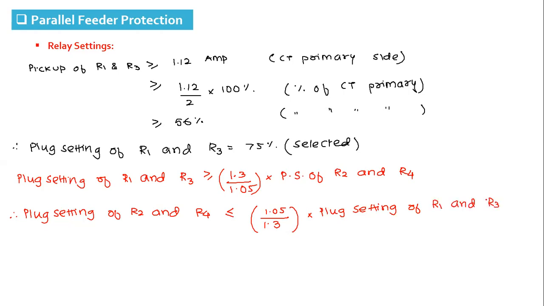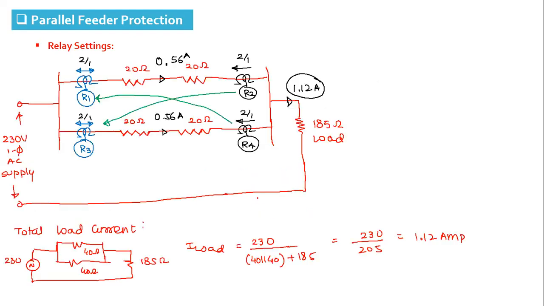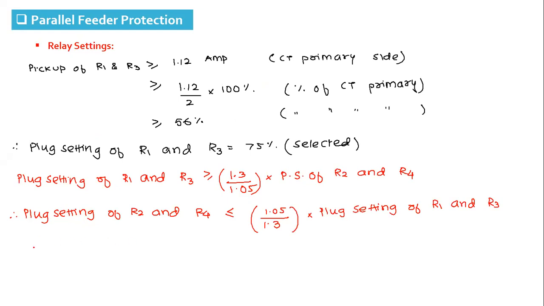In a parallel feeder, the settings are done in this way: first you find the settings of the non-directional relay, and from that you find the settings of the directional relay for the pickup value. So here we can write that the plug setting of R2 and R4 should be less than or equal to 1.05 by 1.3 times the plug setting of R1 and R3 we have selected. Here it is 75% of CT primary, so it is 2 ampere.